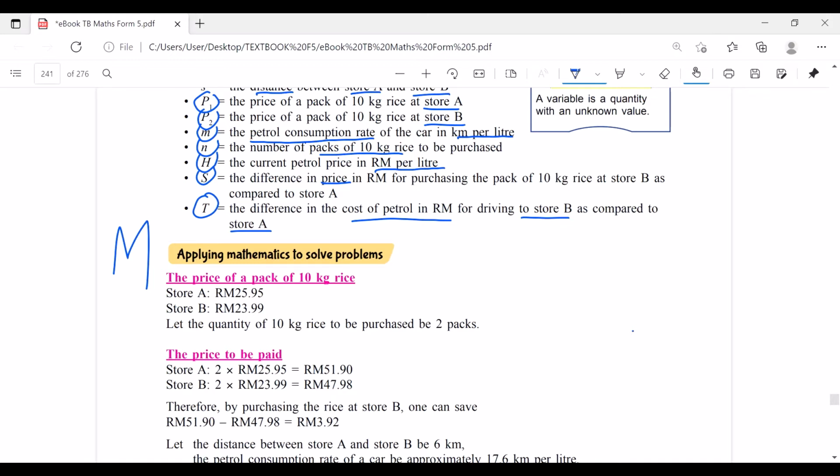So let's say you got the price of the 10 kg rice at store A and B. Let's say this one also you have to fix: you want to buy 2 packs only. So you calculate times 2. This is the price you pay. So this is what you save, you minus. This is what you save.